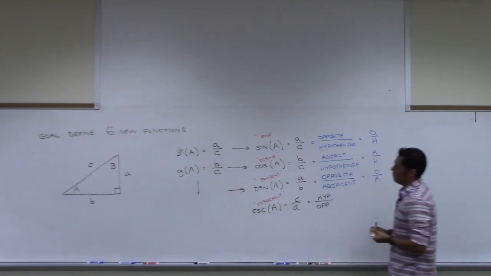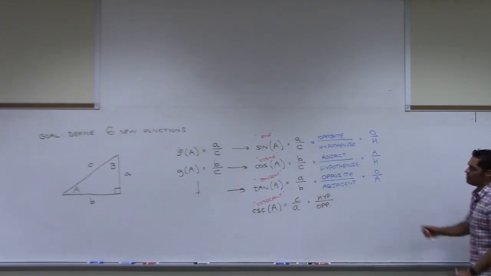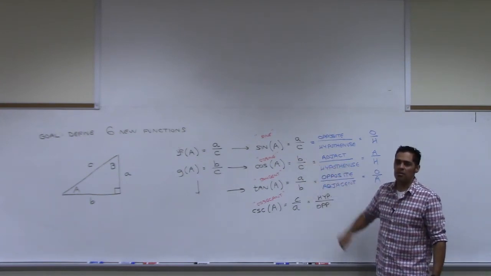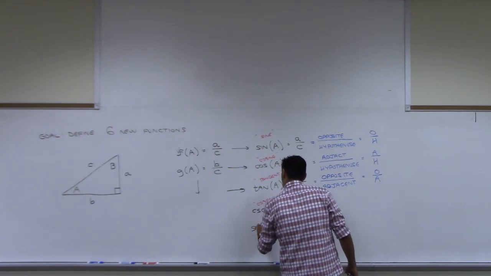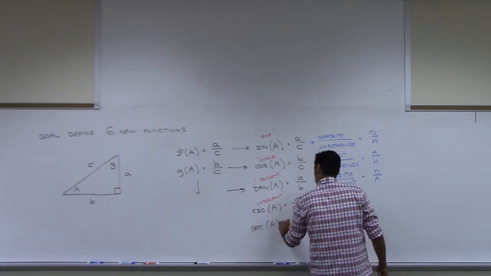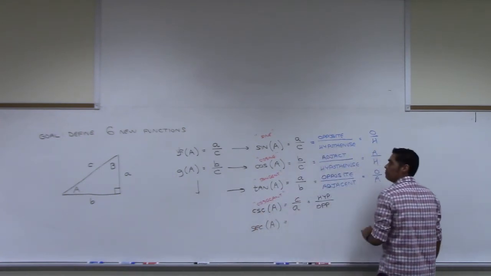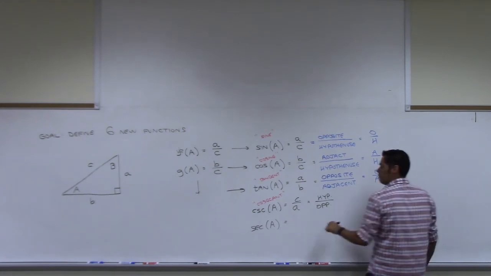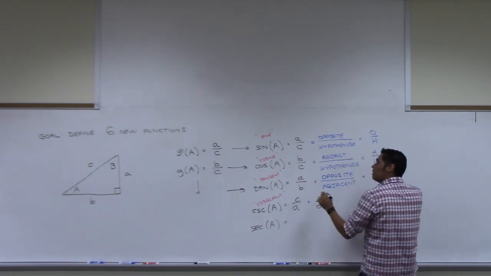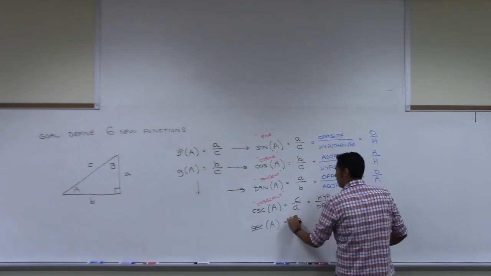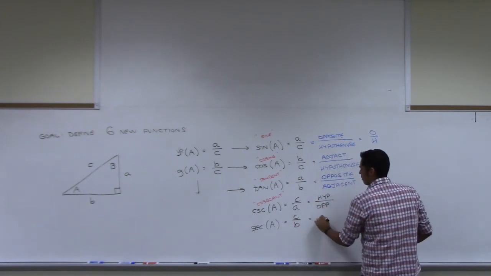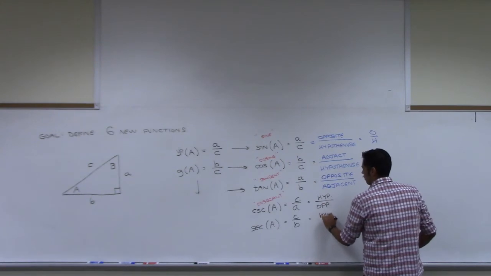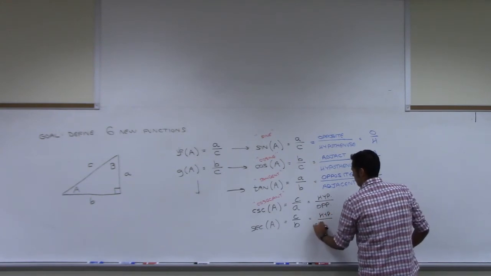All right. The next one is the reciprocal of cosine, which is the secant function, which would be what? C over, in terms of the C and B, it would be C over B, right? Which is your hypotenuse over your adjacent.